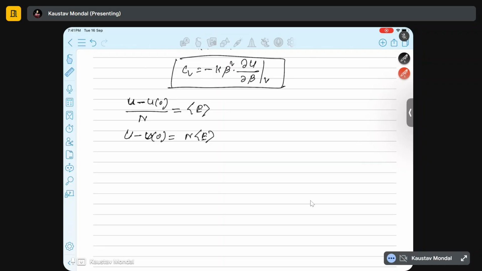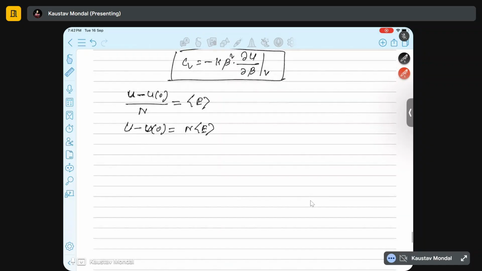So now C_V is simply N into del beta del T of whichever format you need, or in terms of beta, it is k beta squared into delta E by delta beta.